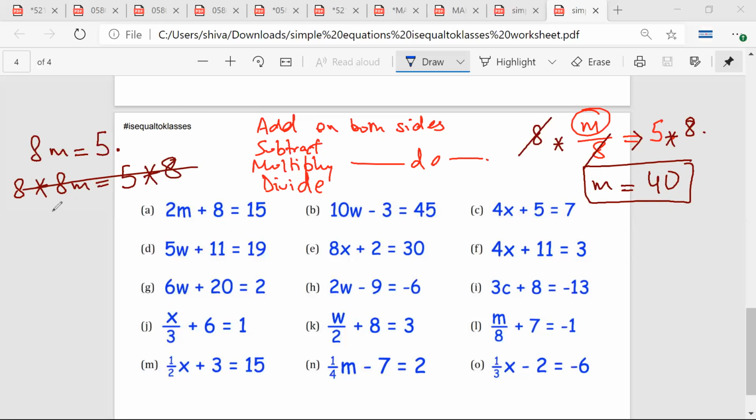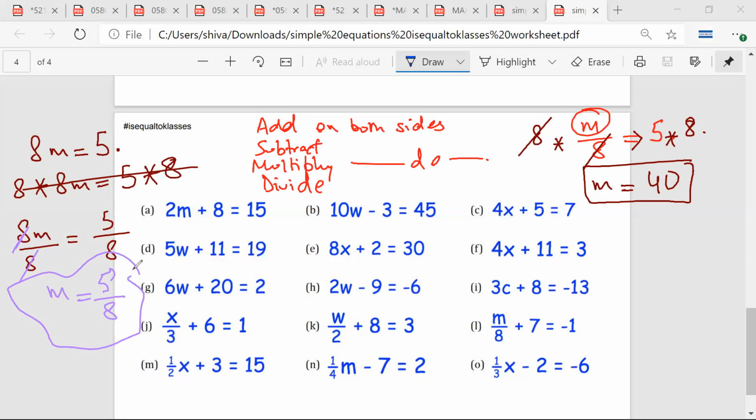Divide on both sides. What should I divide? 8. Why 8? Because this will cancel, and to find the m's value. Is there a confusion? No, sir.